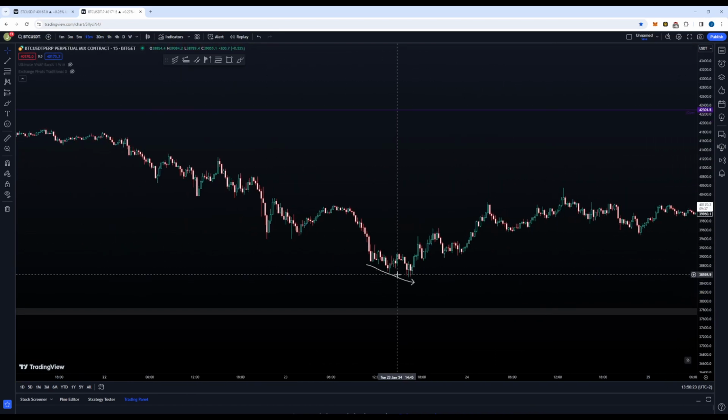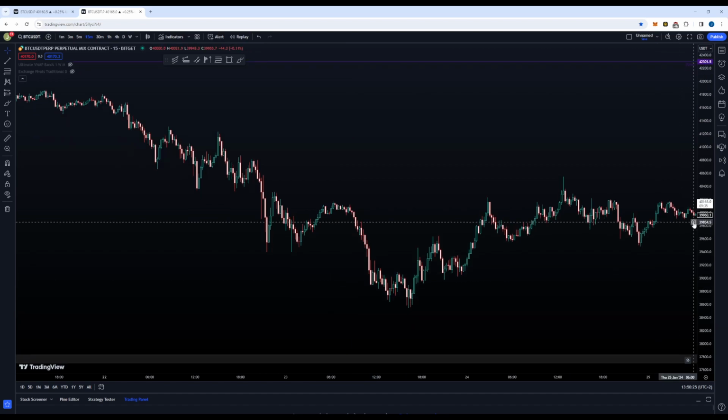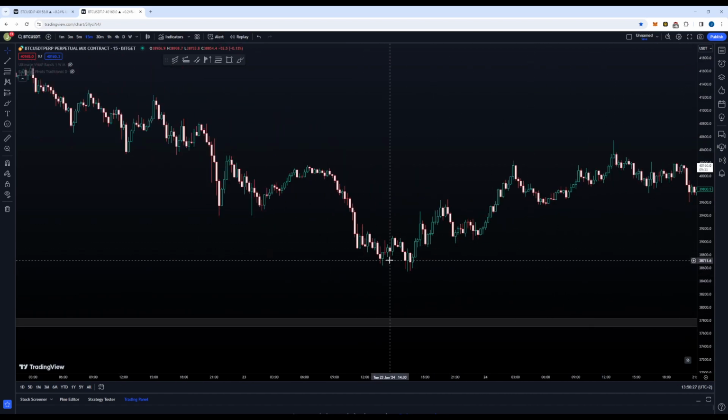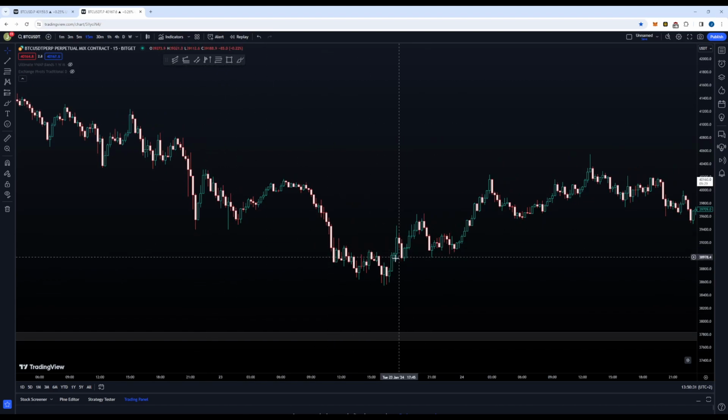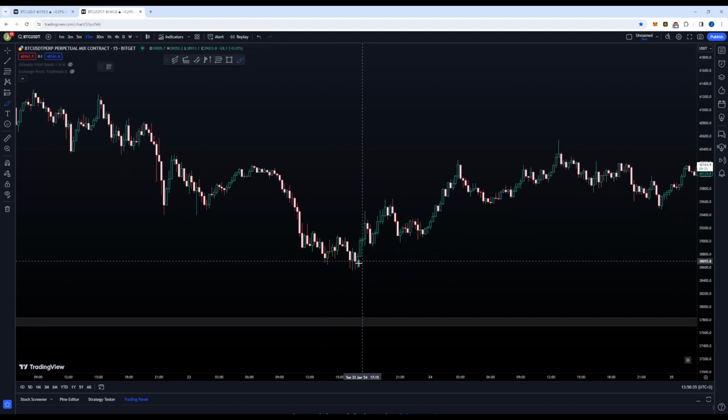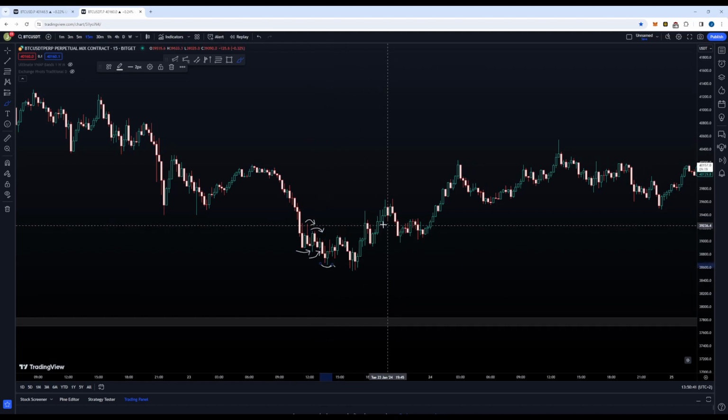15-minute. Well, 15 looks similar, and you could say this is making a lot of swing highs, swing lows, because new lows are made every time.